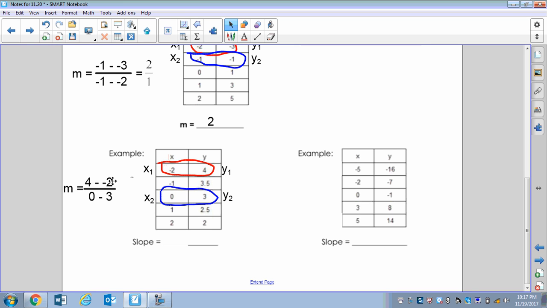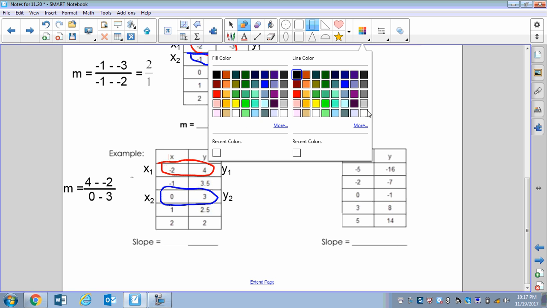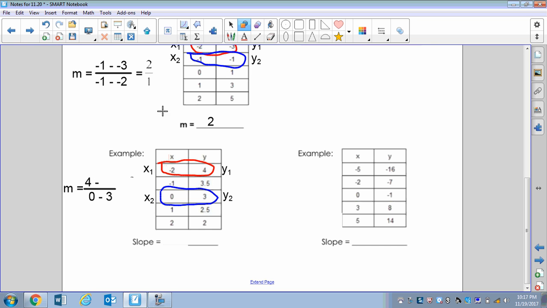That is not set up correctly. I apologize. I've been working on this very quickly. Let me get this out of the way and fix it up for you. So this will be 4 minus 3, and this one here will be 0 minus 2.